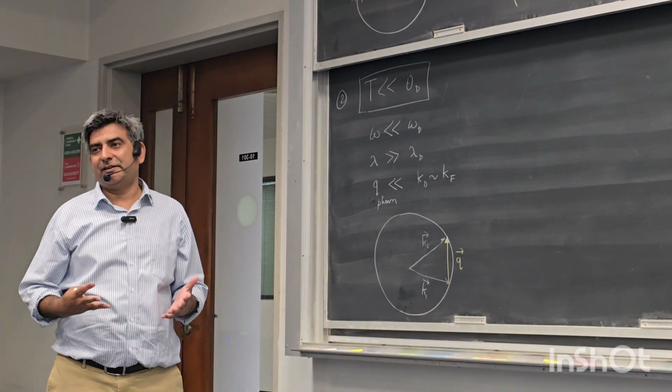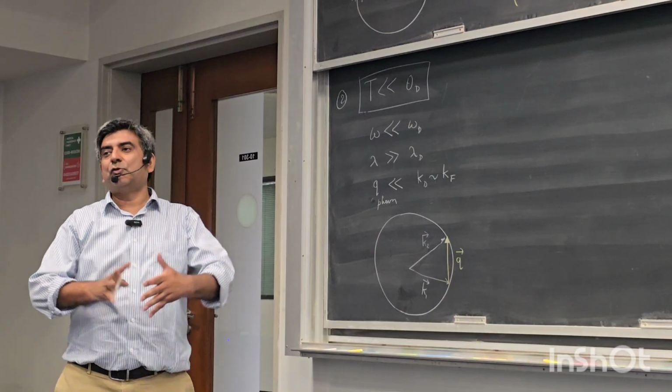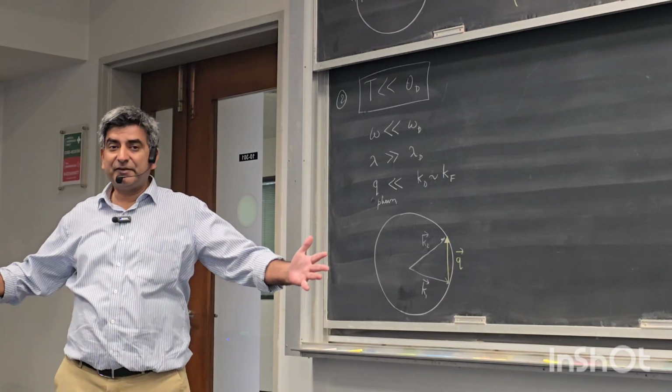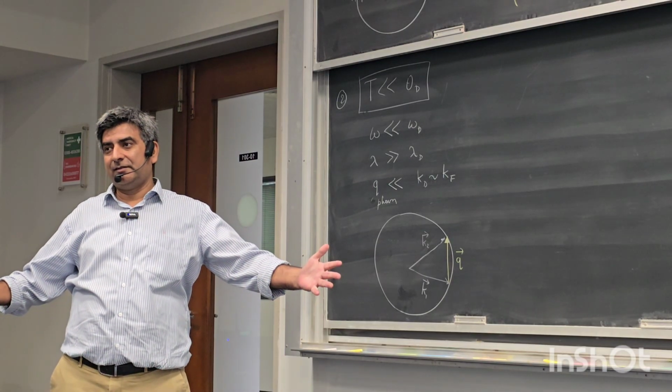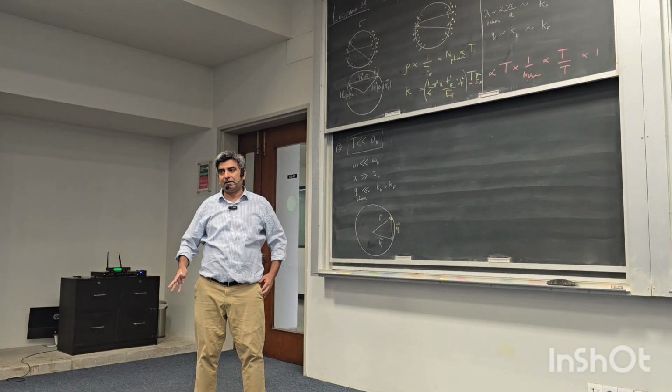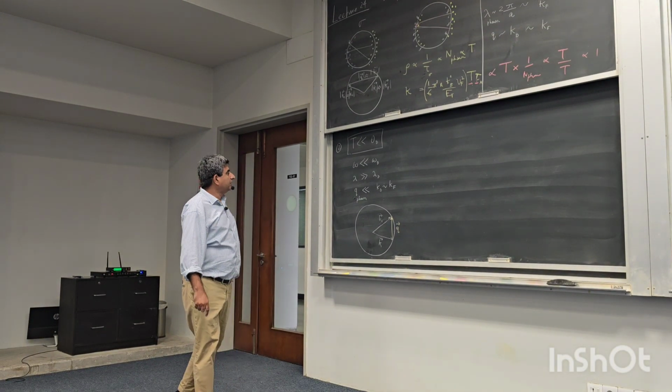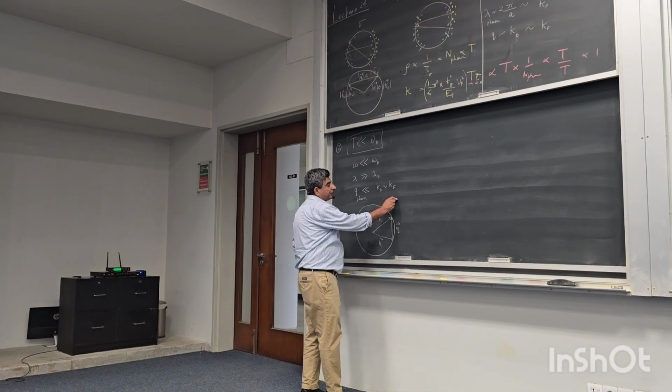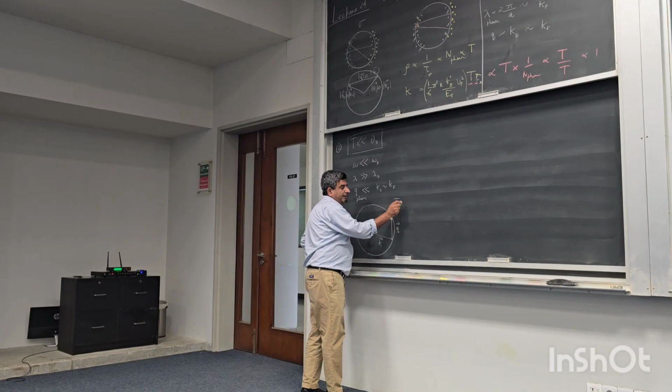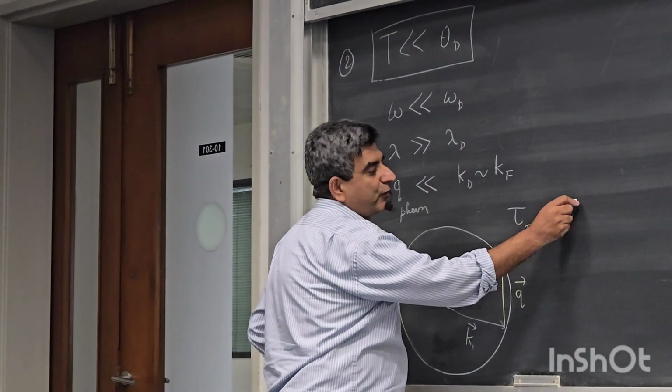More time is needed. Tau sigma goes long, which means the conductivity gets better. So that's why this tau sigma is now longer than tau kappa.